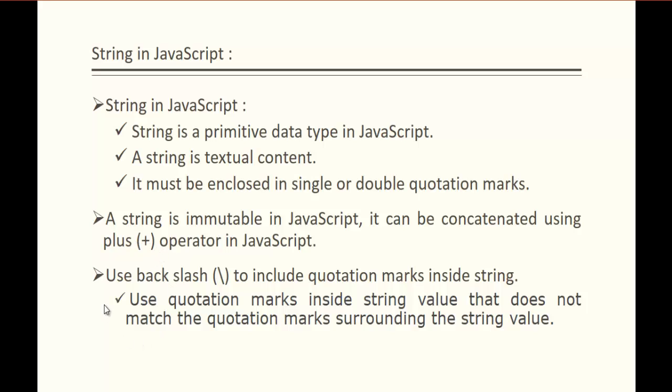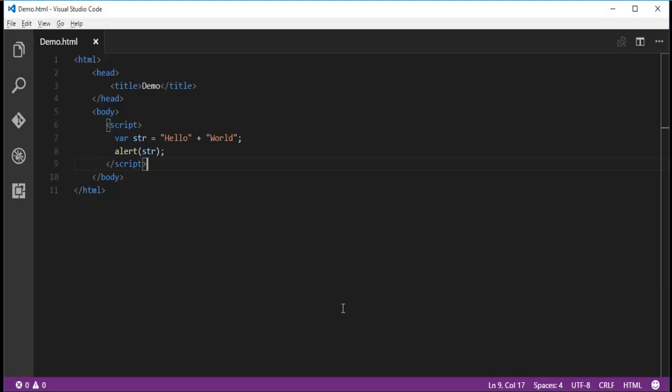Coming to the third point, use backslash to include quotation marks inside a string, and also use quotation marks inside a string value that do not match the quotation mark surrounding the string value. To understand this sentence very clearly, again let me jump back to Visual Studio Code. What I'm going to show you is very simple. For example, str is equal to, now let me write, innovation is our mantra.